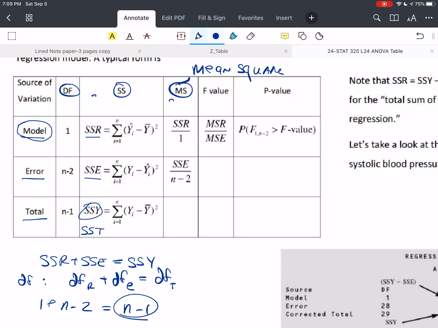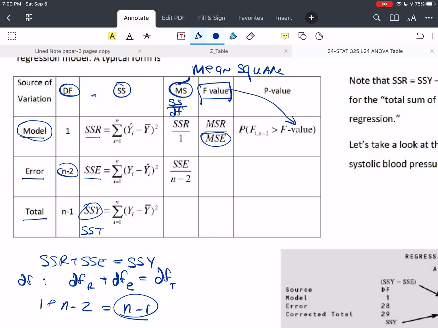So mean square is going to be sum of squares divided by the degrees of freedom. As you see, we took SSR divided by 1, we take SSE divided by n minus 2, and these are our mean squares. If we take the mean square regression and divide it by MSE, which is our mean square error, that gives us an F value.